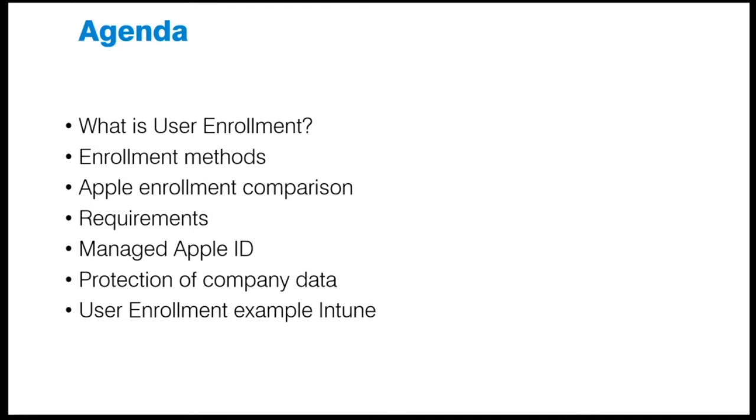As well as the requirements you will need to have set up for rolling out user enrollment, and we will have a talk about managed Apple IDs as they are a very important part of user enrollment. We will look at the protection, how the company data is protected on your device. And at the end, we will have an example where you can see how a device is enrolled, for example, in Intune.